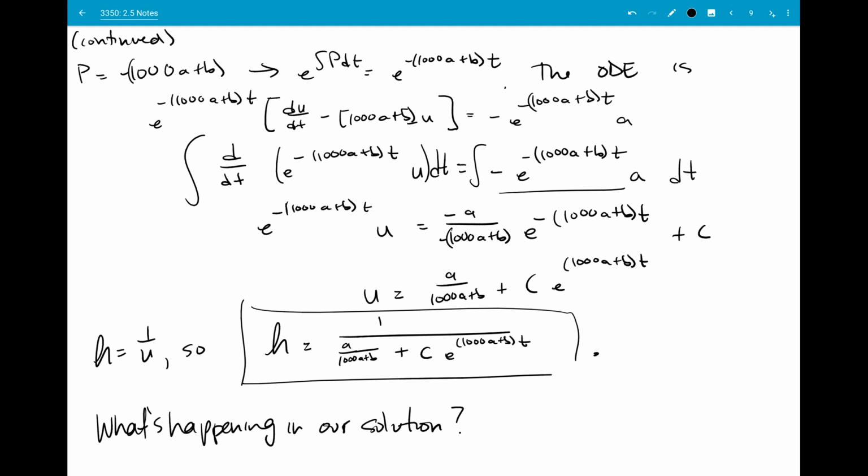And we could stop and think about this and look at, this is a function of time. It has an exponent of time in the denominator, which is going to increase as time progresses.